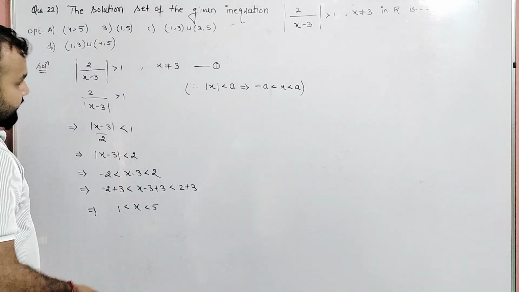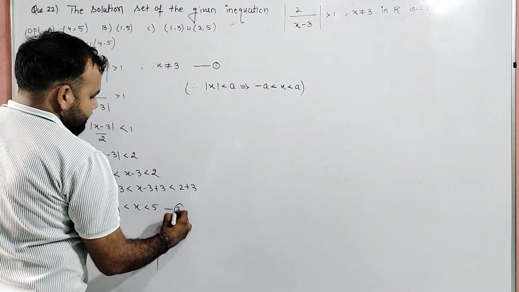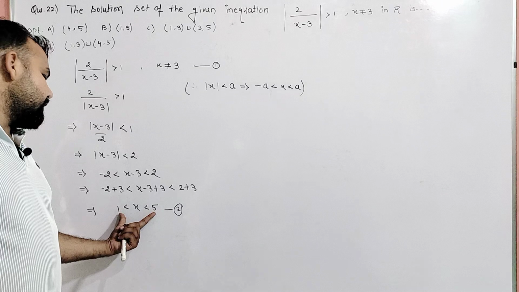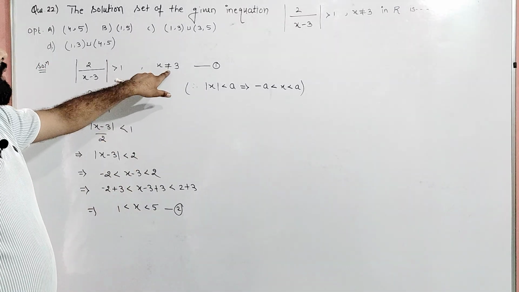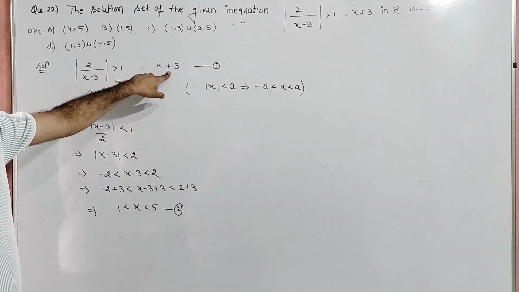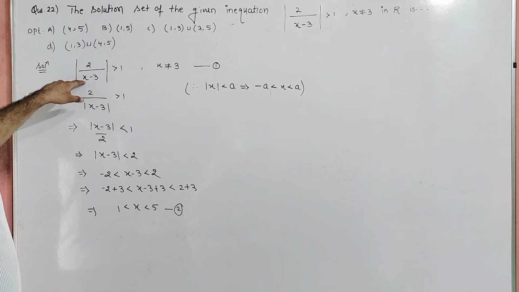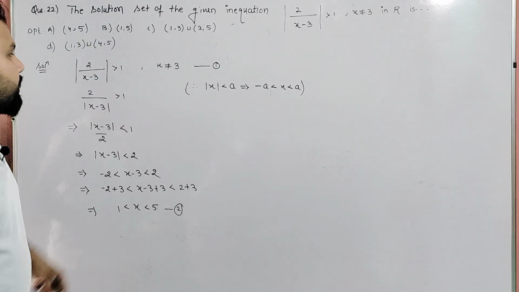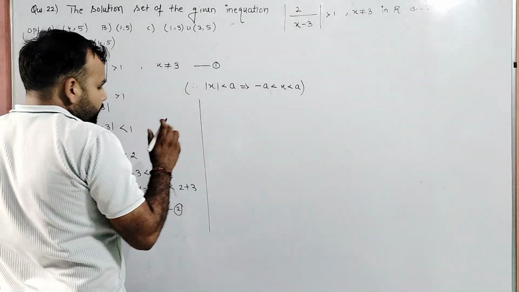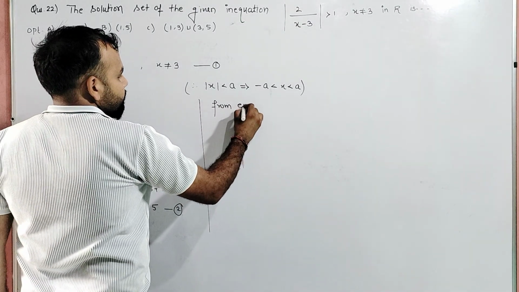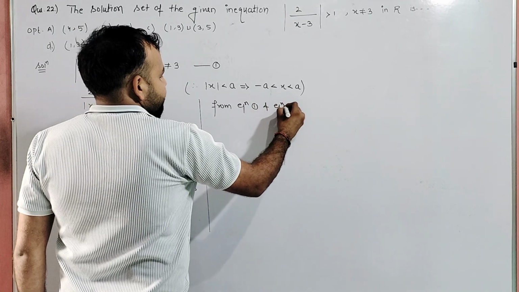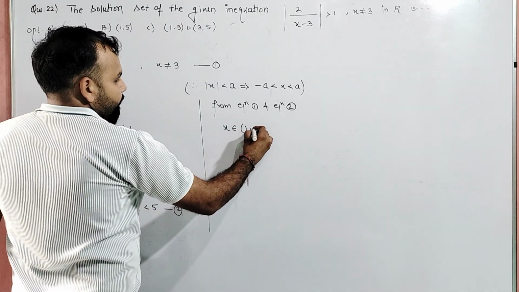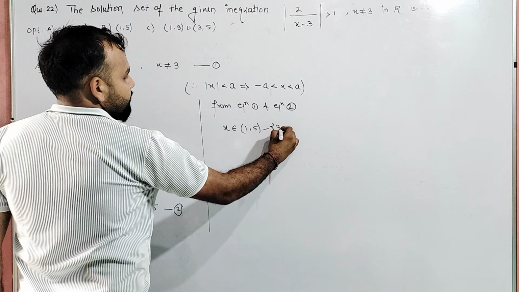Student, you can see this is our equation first, this is our equation second, and you can see that 3 lies in that open interval 1, 5. But for the first equation, x is not equal to 3, because if you put x equal to 3 in that inequation, we cannot define this inequation. Okay student, so from equation first and second, we got x belongs to the interval 1, 5 minus the singleton 3.